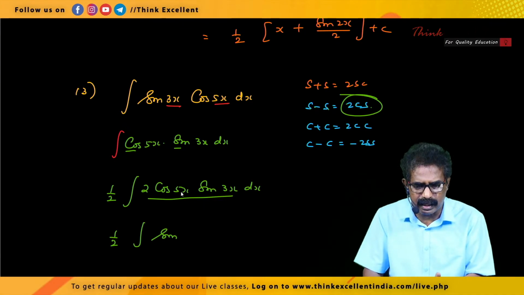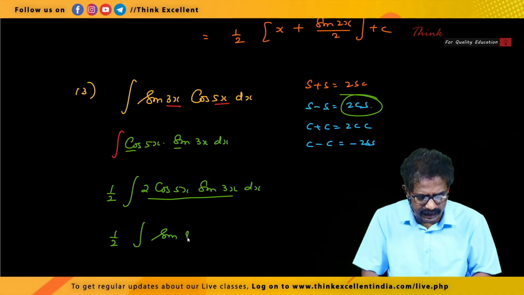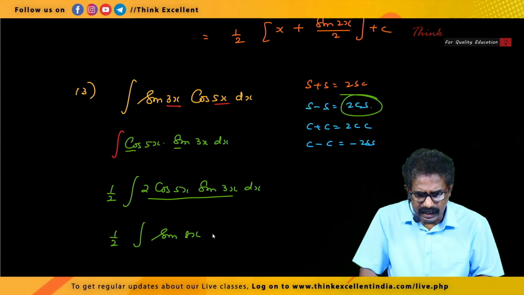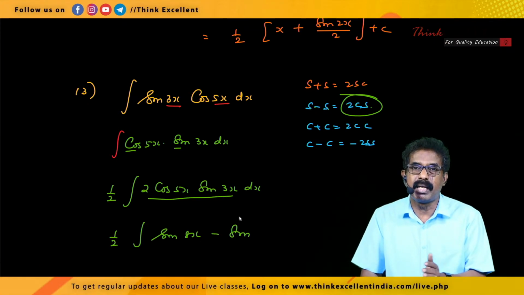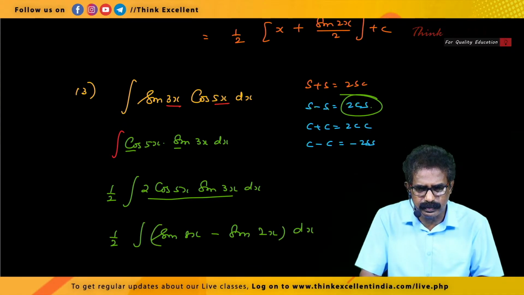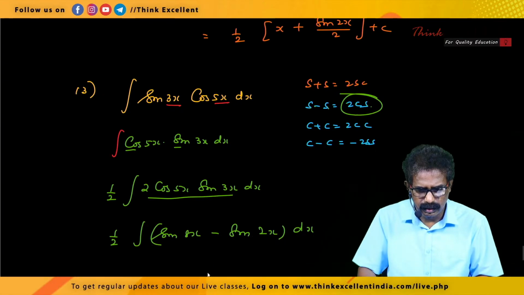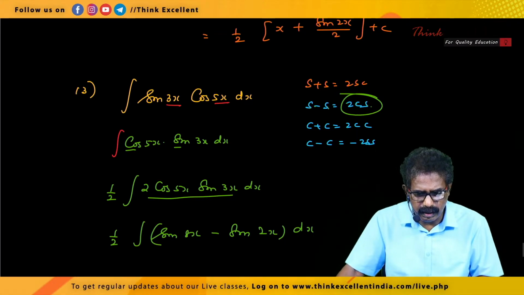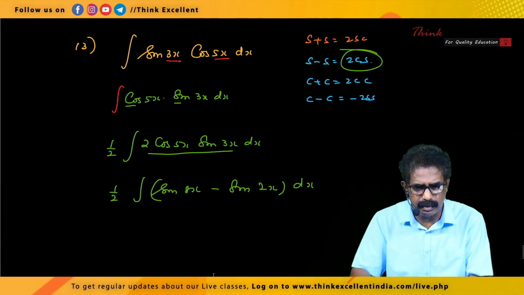First add the two. a plus b is 5x plus 3x, 8x, minus sin a minus b, 5x minus 3x, it is 2x, dx. Now we can integrate it. So now you can understand how much the formula are important, right? Trigonometric formula. So yes, you try to finish that sum.